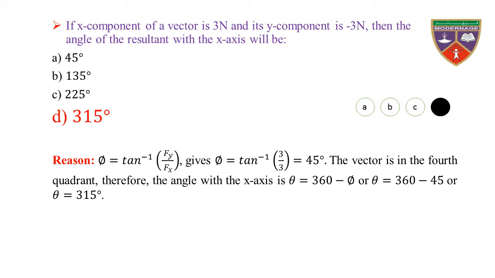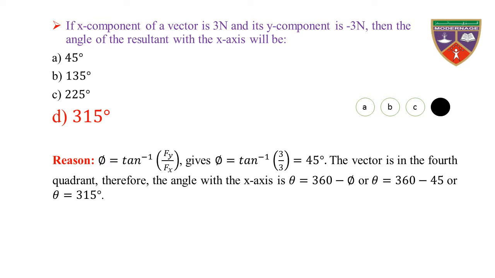Reason: phi is equal to tangent inverse Fy over Fx, where Fy is the y component and Fx is the x component, which gives phi is equal to tangent inverse 3 by 3, which is equal to 45 degree. The vector is in the fourth quadrant because its y component is negative.